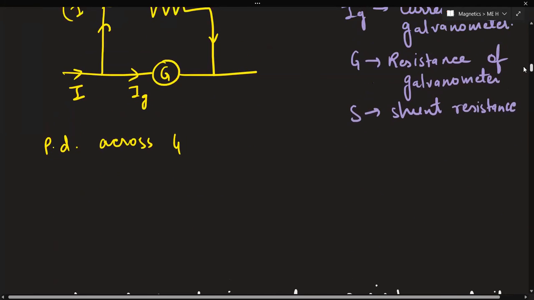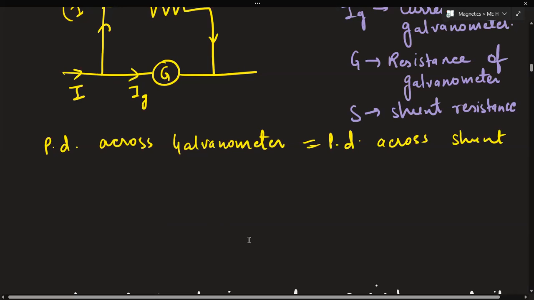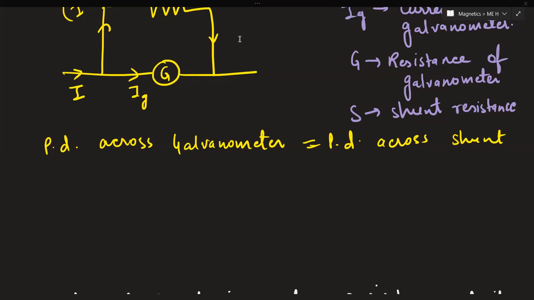So potential difference across galvanometer is equal to potential difference across shunt. Why? Because these are connected in parallel, and we have already studied that in case of parallel combination, the quantity that remains the same is the potential.